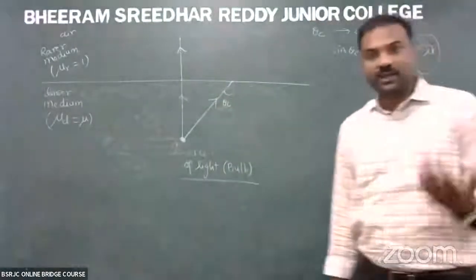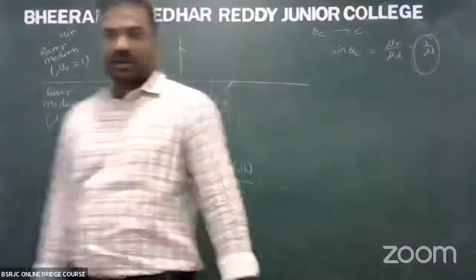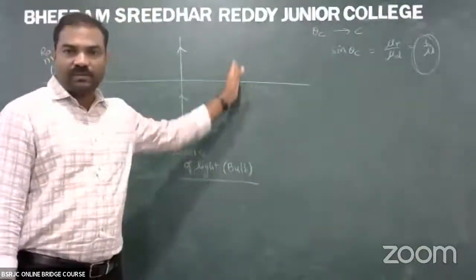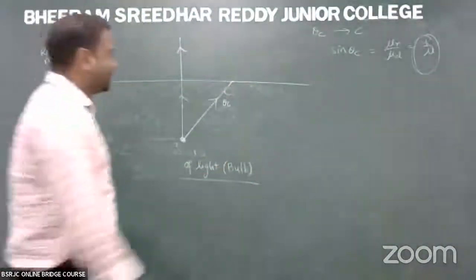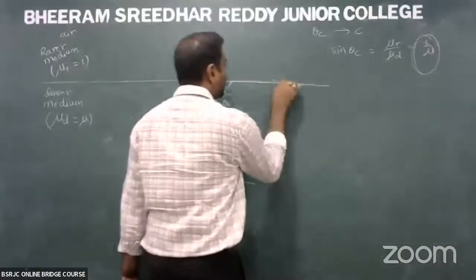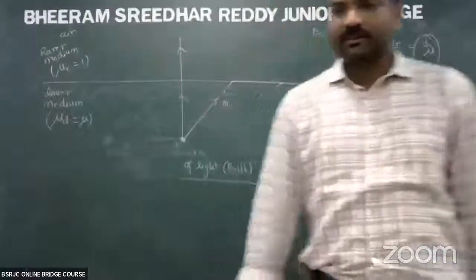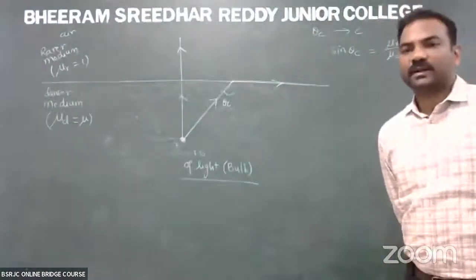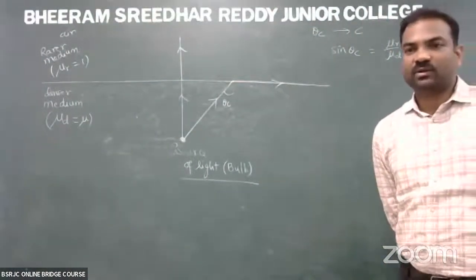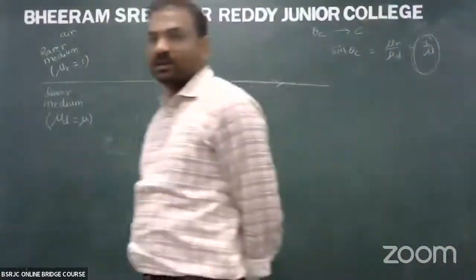Angle of incidence will increase. At some point it will be equal to what? Theta c, the critical angle. Then how does the ray go? The ray will graze the boundary. The ray goes along the boundary. All of you following?